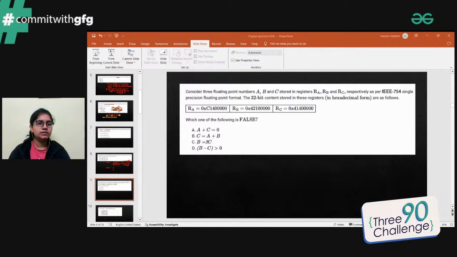Yes, Nishu, the value for RC is 12. Absolutely correct. Now, what is the correct answer? They are asking us for the false result.